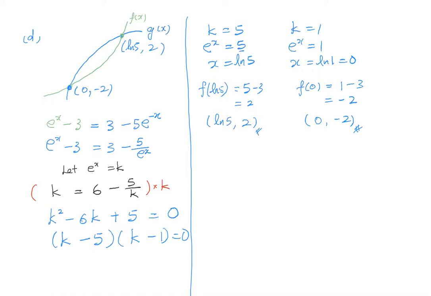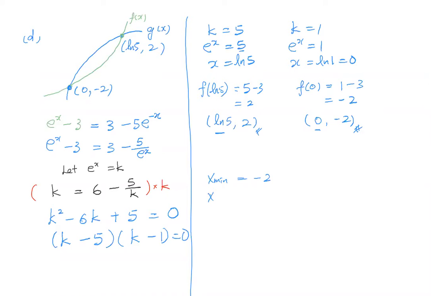So when you sketch the graph, you show all the important features. If you use your graphic calculator to help you sketch, since you know the intersection points already, you can put your x minimum as less than 0. You put -2.